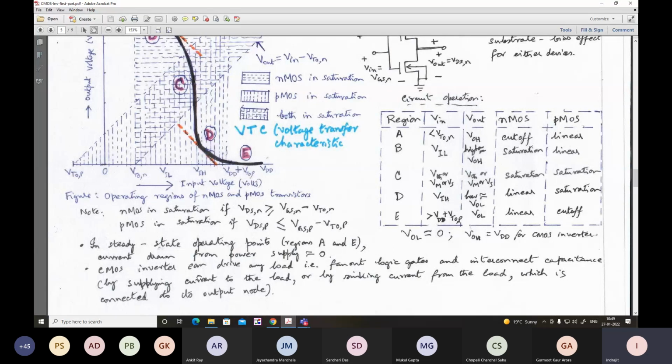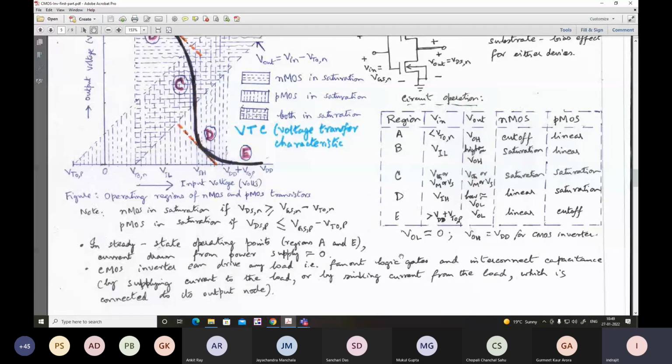If you are to charge up a load, only the PMOS transistor will be conducting, and it is firm in conduction, so it can drive a large number of gates and interconnect capacitance by supplying, sourcing current to the load. On the other hand, when you are in region E, the NMOS transistor will be instrumental in discharging a capacitive load, and for that matter, any number of logic gates.